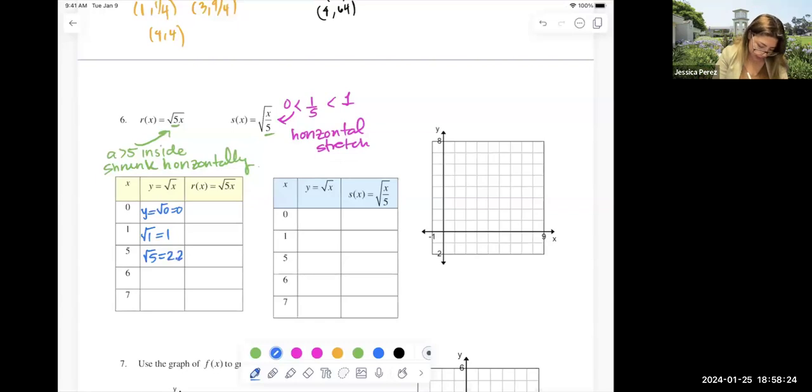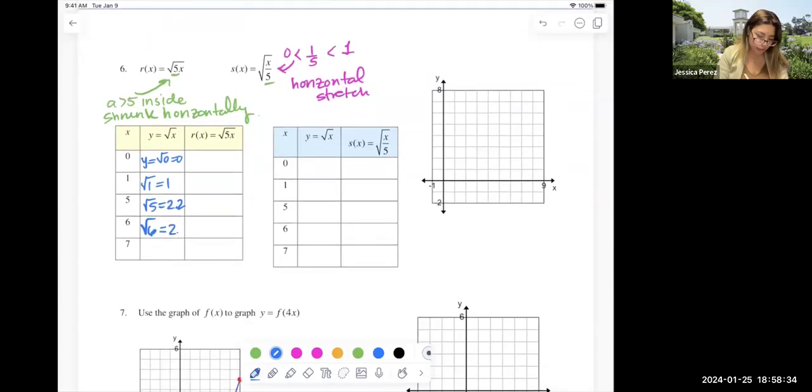So I'll say 2.2 roughly. The square root of 6 similarly, if we punch that in our calculator, roughly 2.44, and then we have the square root of 7, which is roughly 2.6. Now, what if I multiply that value by 5?